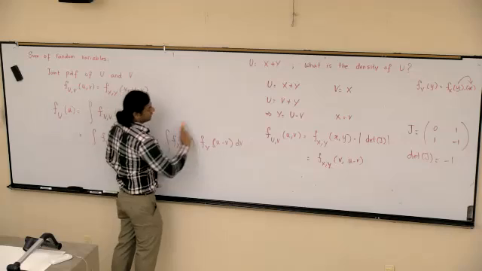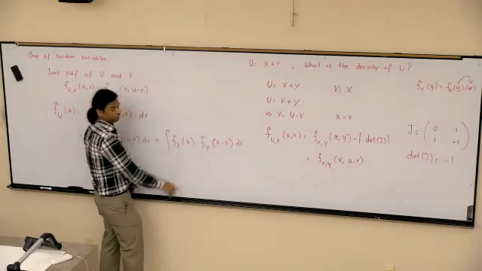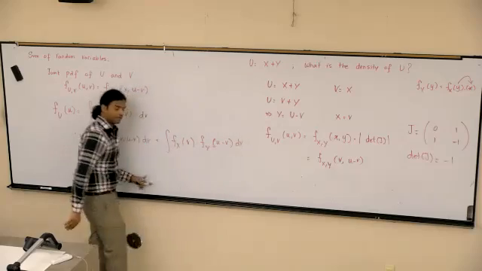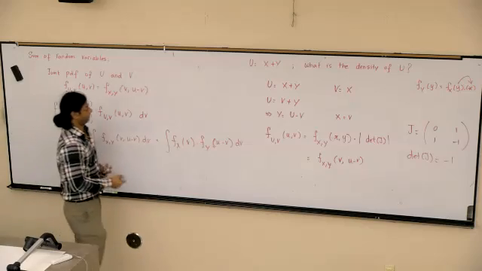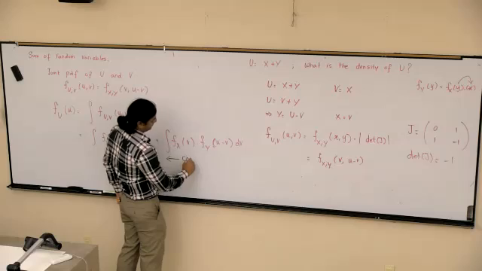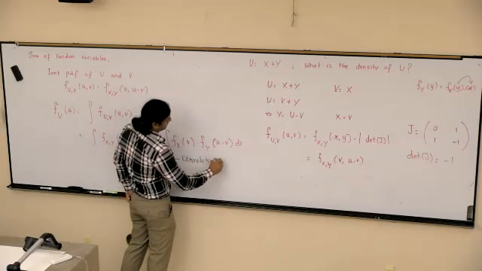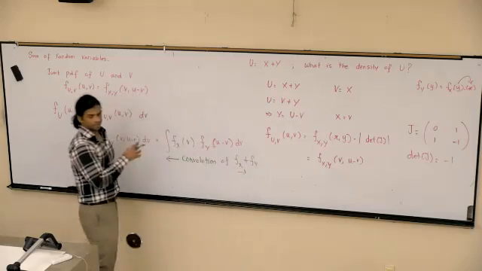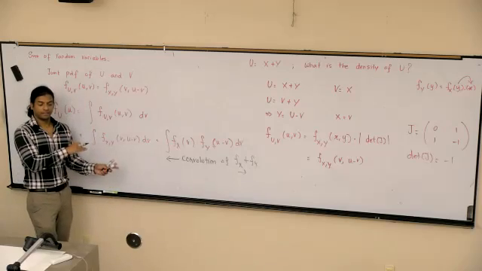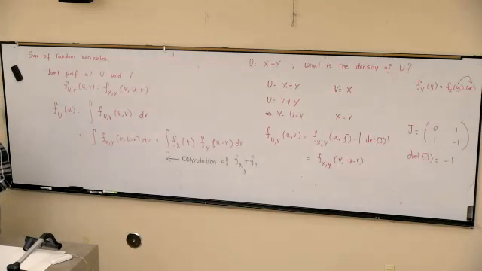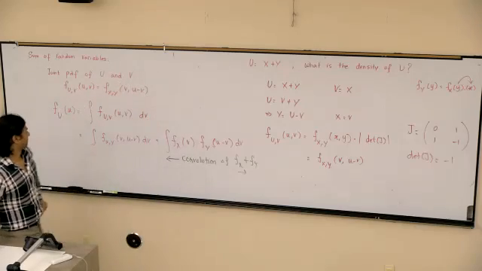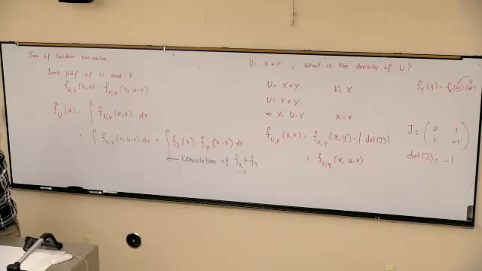But this form that I have, two different functions, or same function, but they have U minus V, integrated over V. It's called the convolution of the function fx and the function fy, also known as the convolution integral.